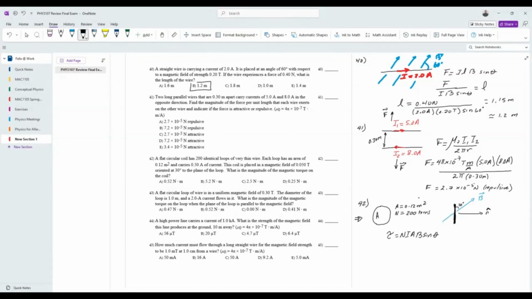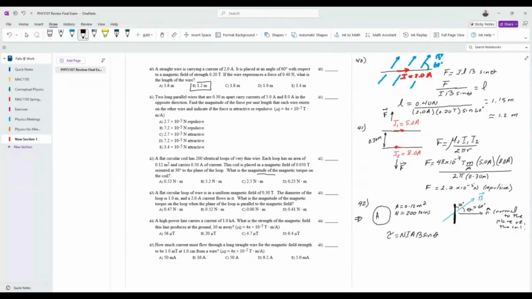Well, theta would be this angle. It is the angle between the normal to the plane of the coil and the intensity of the field. So theta here would be 60 degrees.